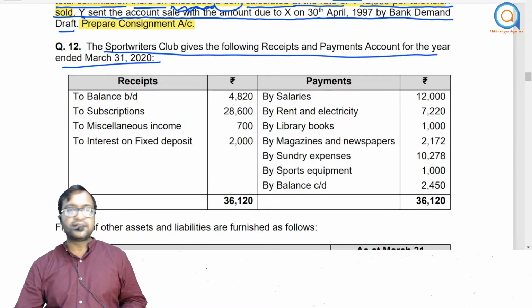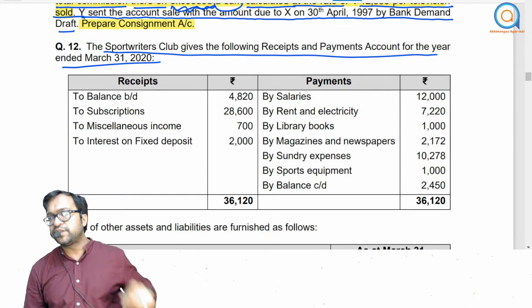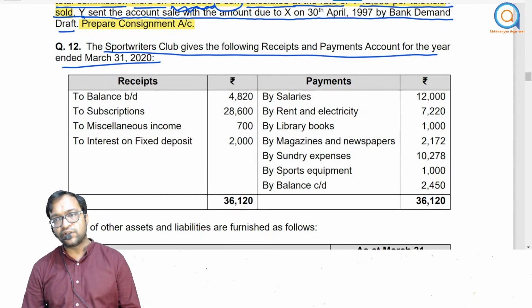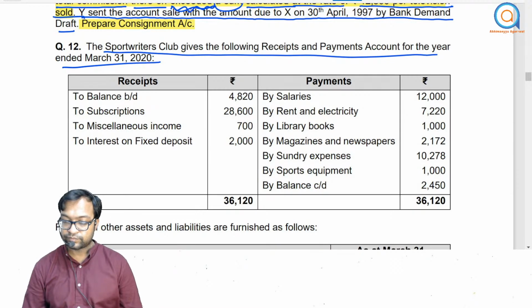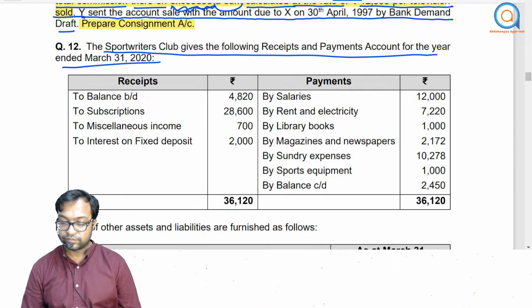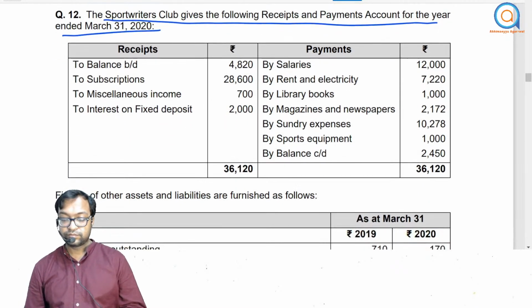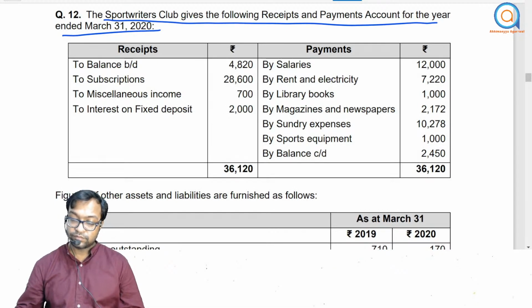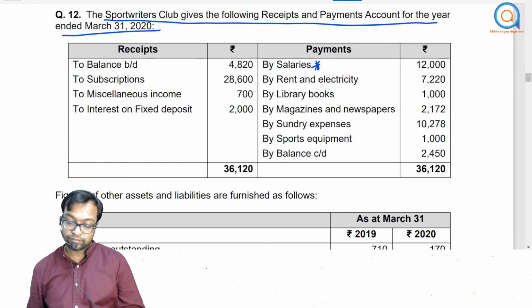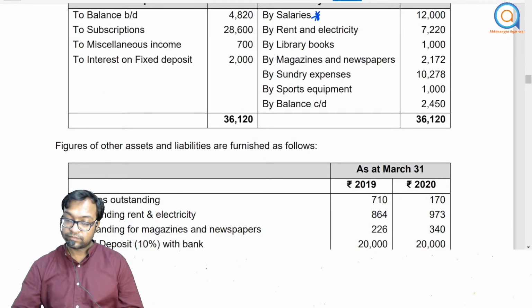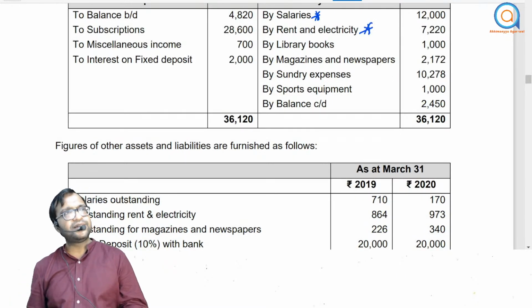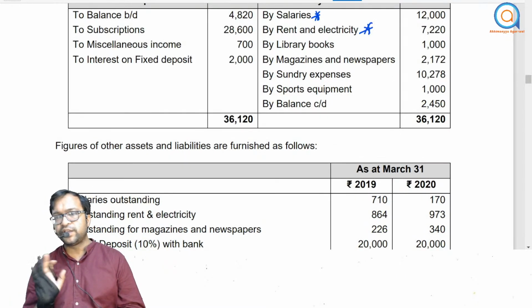Sir, we want to read the sum. Chalo, I give you 1 minute. You read the sum first, then I will start solving. You read the sum on your own, then I will explain also. Don't worry about that.